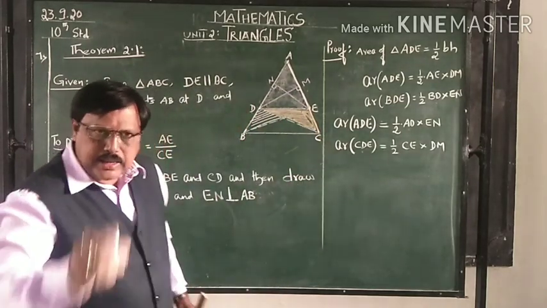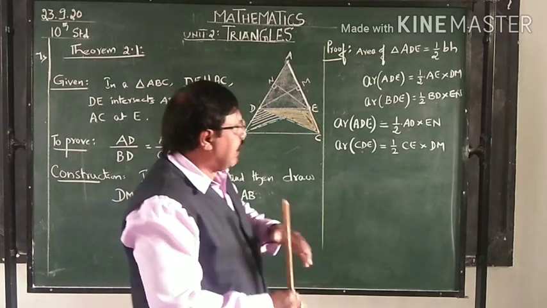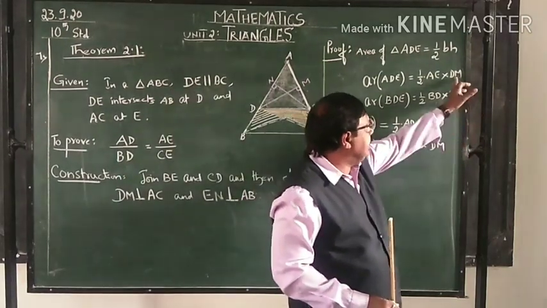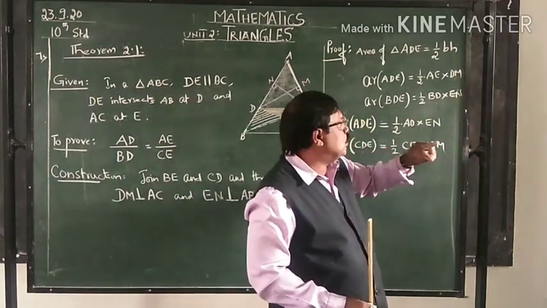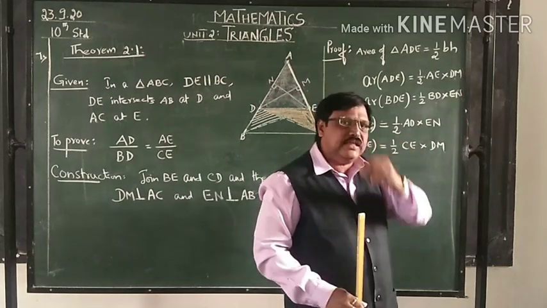Now you divide, and take the ratio with the common DM, and the ratio with the common EN.